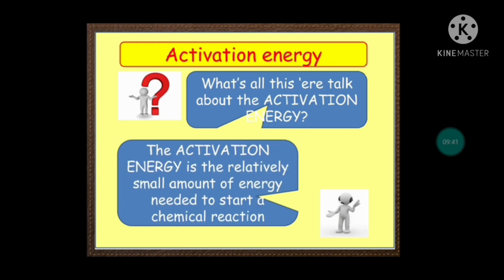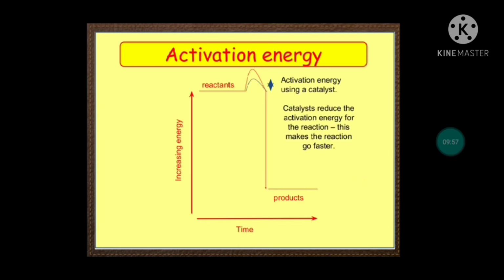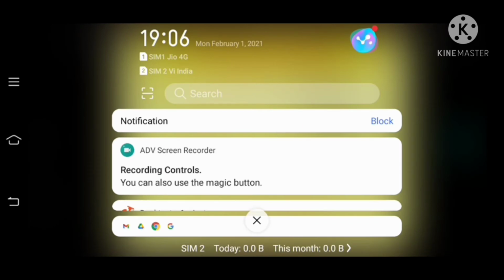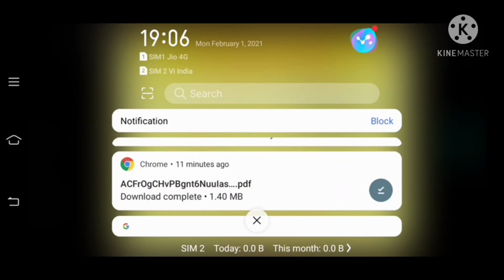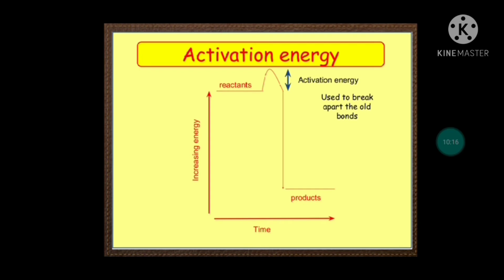Let us again discuss activation energy. It is the small amount of energy needed to start the reaction. For example, reactants forming product need some amount of energy, and that energy is called the activation energy. Now, the red one is without a catalyst, and that is the activation energy.